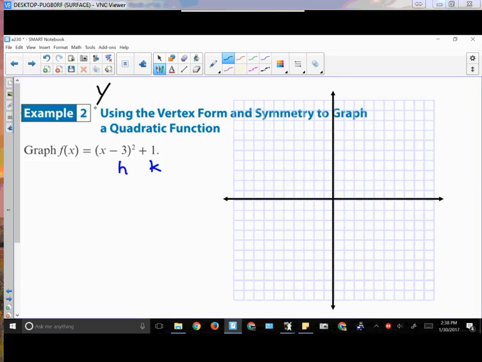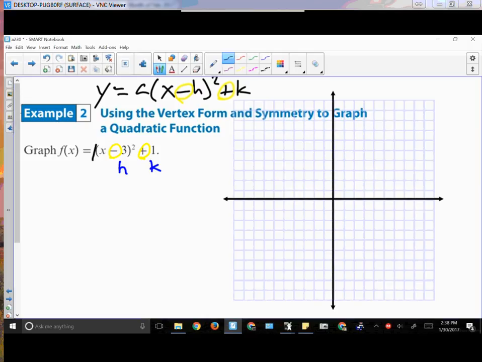Where we have y is equal to a times x minus h squared plus k. Is it in the proper form? And when I mean proper form, I want you to take a look at the signs here. Are these correct? Okay. Do I know what a is? Well, I don't have one, but what could a be then? Wouldn't that just simply be a 1?